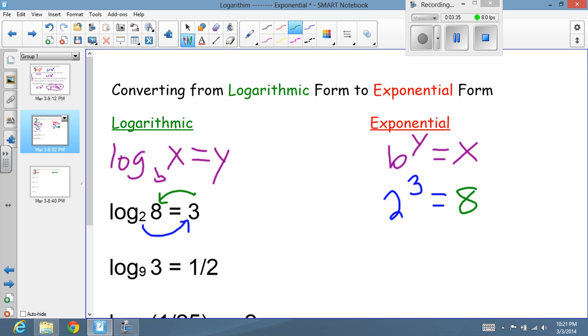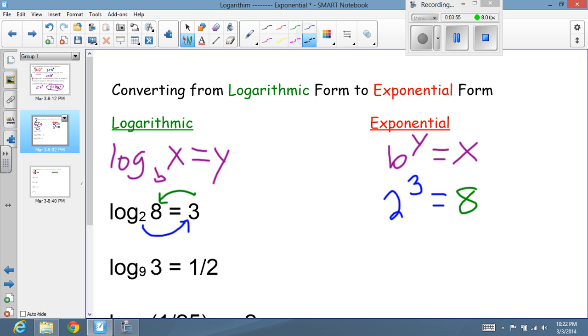So it's kind of like we're taking whatever the base is, raised to the power of what's on the right side of the equation, function. That's what we're going to raise it to.